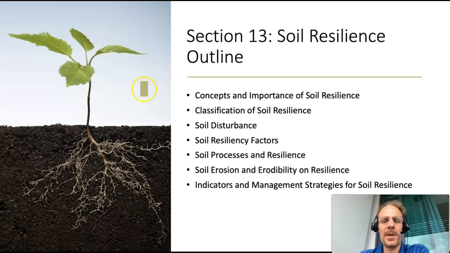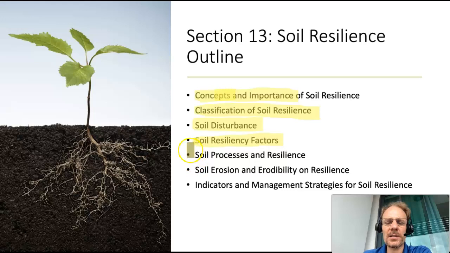Okay, and so as part of this section 13 on soil resilience, we're going to talk about what defines soil resilience and why it's important. Then we're going to talk about how we can classify soil resilience, some types of soil disturbance, and some factors that will influence soil resiliency.